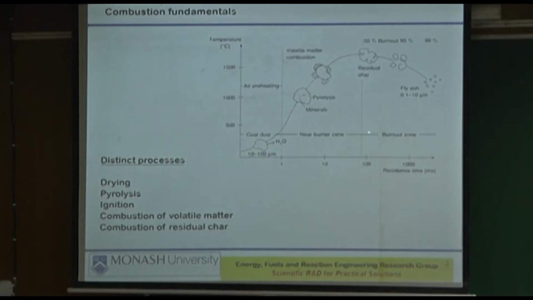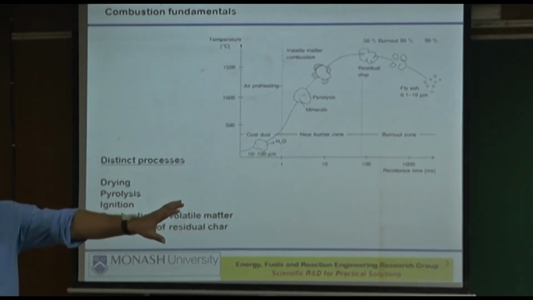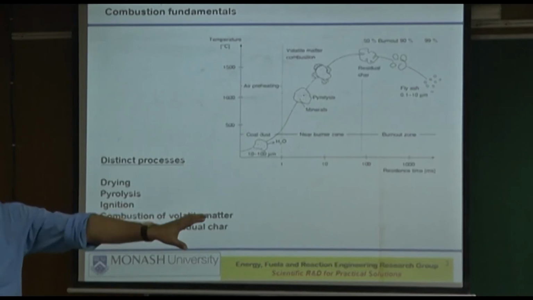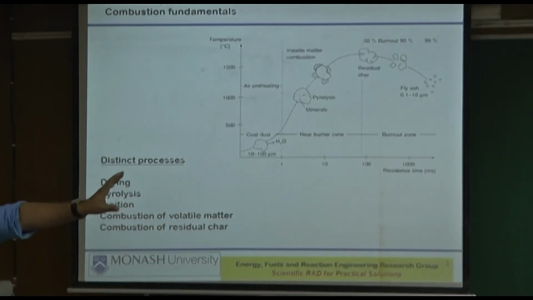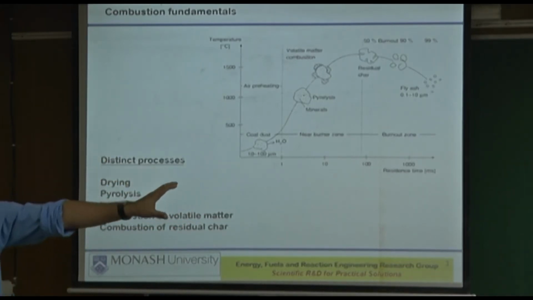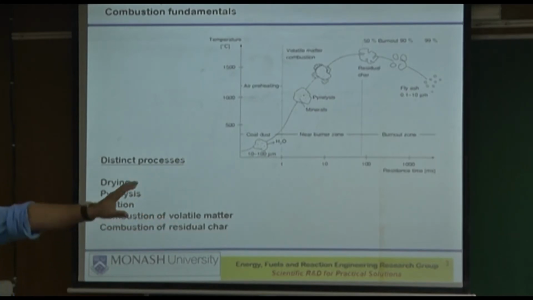And then in here, this is the burnout zone. It is not in the near burner zone anymore. It is away from the burner, and you want it deliberately to happen. The char combustion, you deliberately want it to happen away from the burner zone, because during the char conversion, it is giving fly ash, because it flies away.